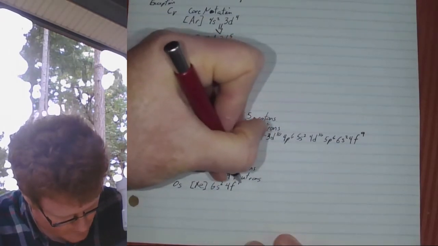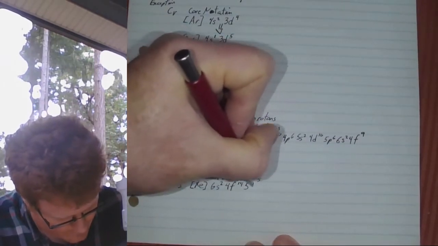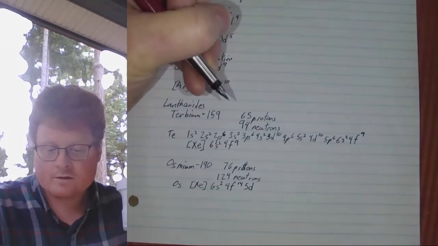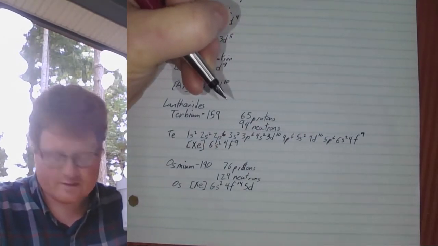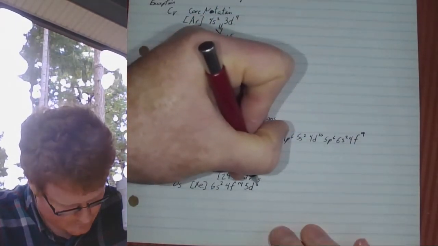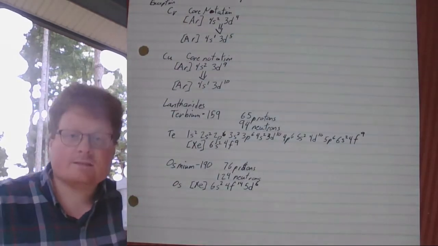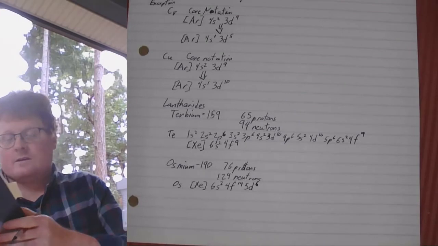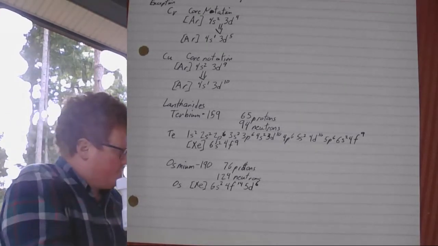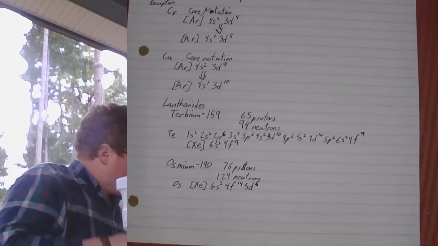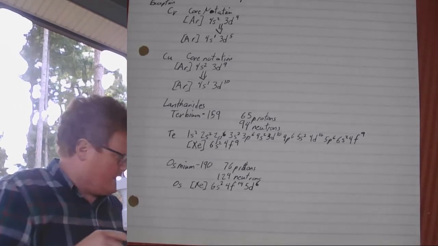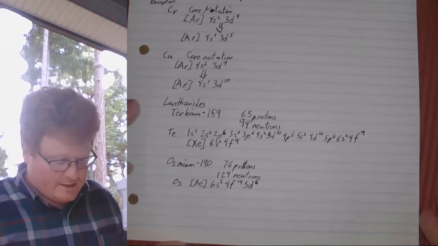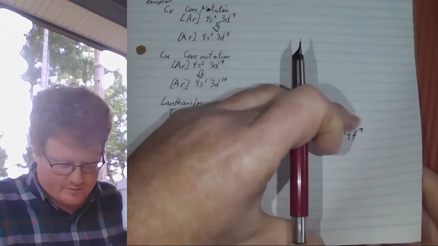So 4f14, 5d: 1, 2, 3, 4, 5, 6. 5d6. That's what that would look like. All right, that's all I'm going to talk about that. Again, going back to your textbooks, isoelectronic configurations to noble gases is what is being desired by most elements.